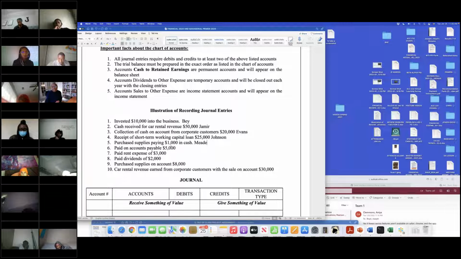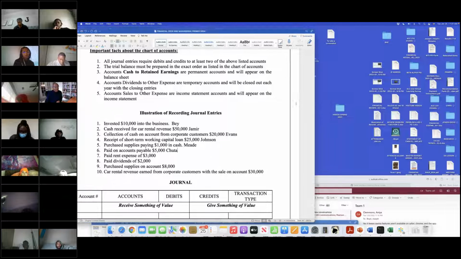Shooter, journal entry 6. Sydney, journal entry 7.